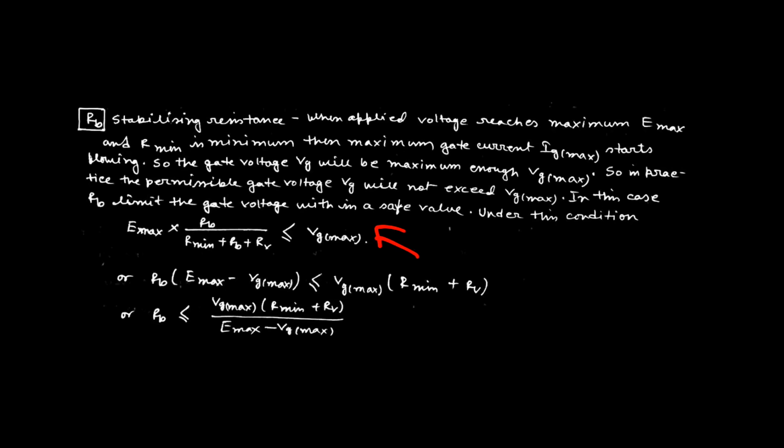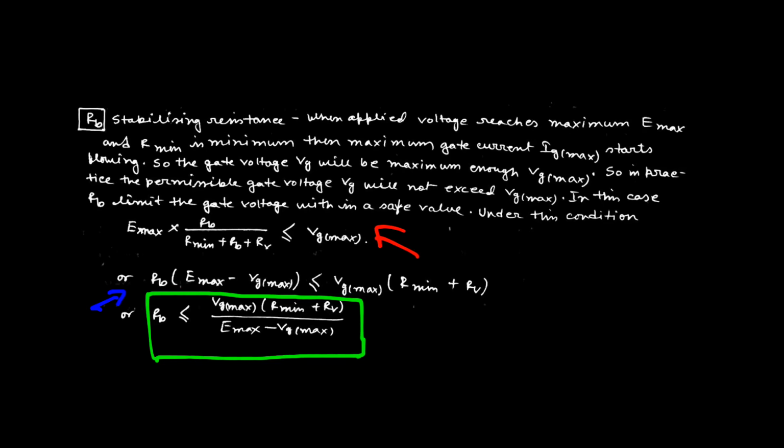After simplification, we can rewrite the expression as RB less than or equal to VG max into Rmin plus RV divided by Emax minus VG max. So the value of RB can be defined by this expression. This is the actual design value of RB, up to which we are able to keep the allowable gate voltage across gate to cathode.